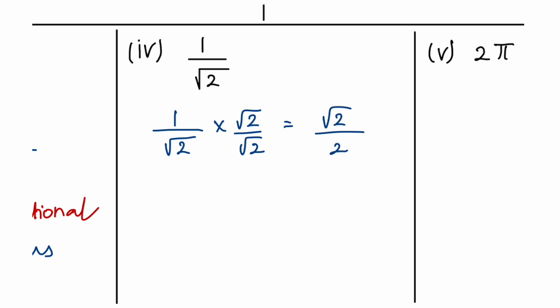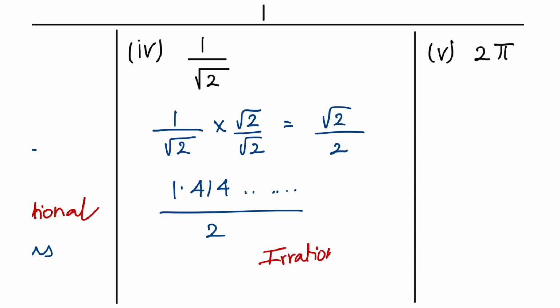And as we know, the value of root 2 is 1.414 and so on, right? Obviously root 2 is an irrational number because it's not a perfect square and you are taking the square root of it. So dividing an irrational number by a rational number is obviously going to give you an irrational number. Okay, so 1 divided by root 2 is irrational.